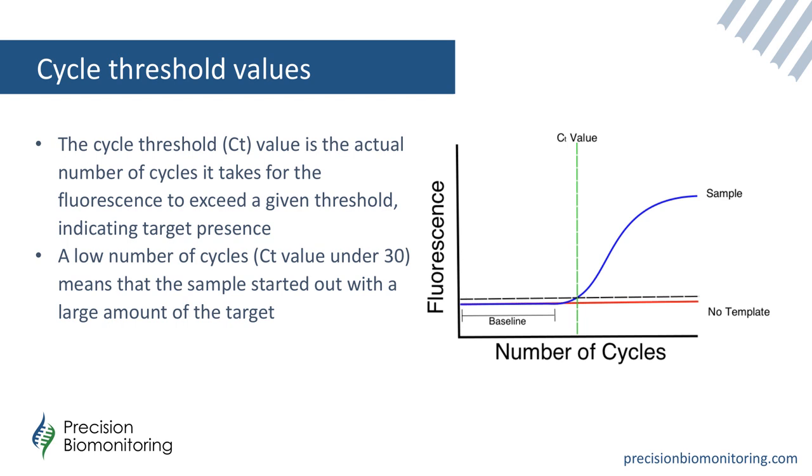And so this image gives you an idea of what that typical output might look like and where that CT value would be calculated from. You've got fluorescence on the y-axis and number of cycles, or essentially time, across the x-axis. The blue line represents what a positive sample would look like, with the green vertical line coming down at that crossing threshold.